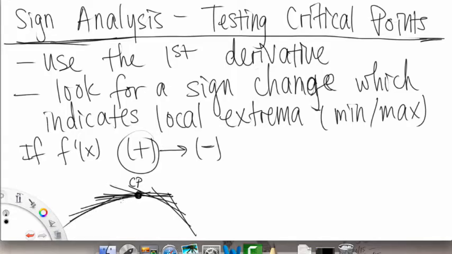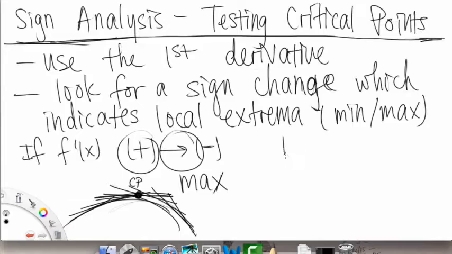What I'm sketching here is like a downward shaped U. So at this point, when f prime of x is equal to 0 at our critical point, that means we're at a local maximum. This is when the first derivative changes from a positive sign to a negative sign.